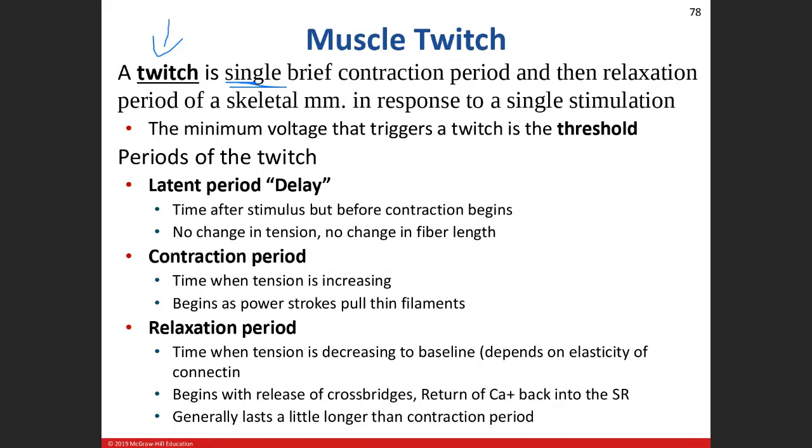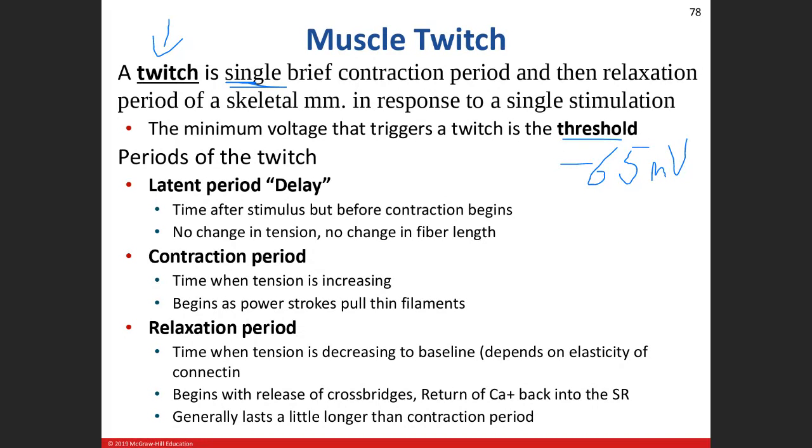You definitely want to be familiar with the definition of a twitch, okay? It's going to take a minimal amount of stimulus, our action potential, to break that threshold. Remember, our threshold in skeletal muscle tissue is negative 65 millivolts, okay?